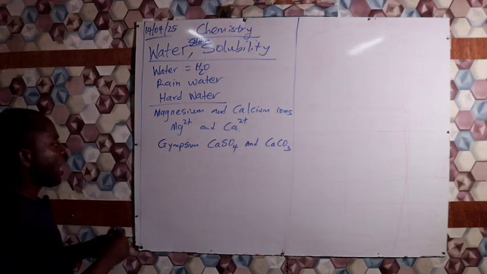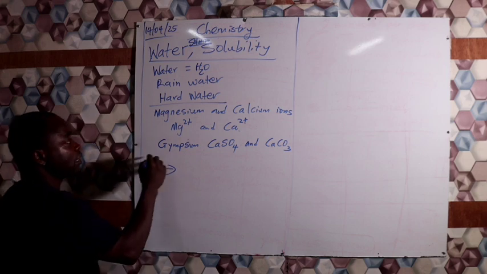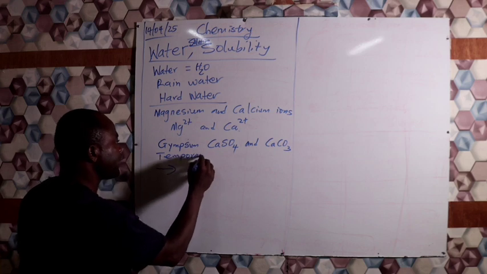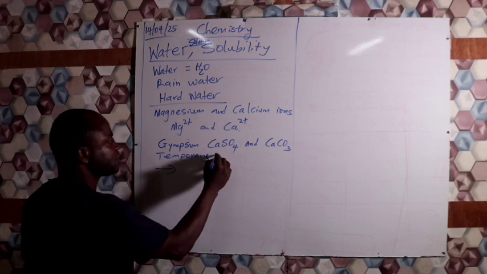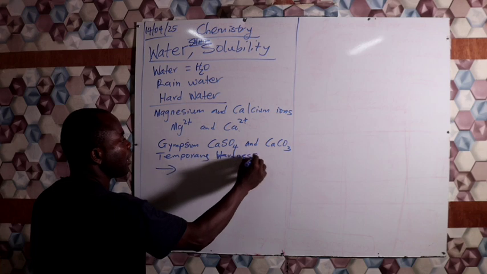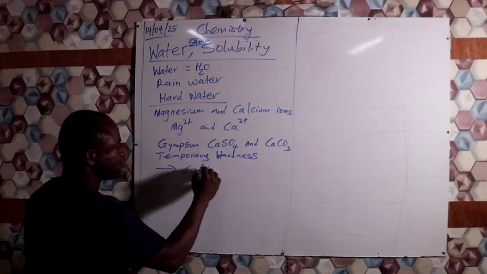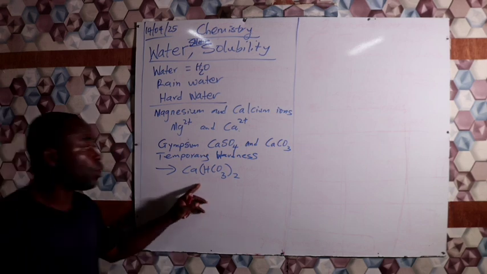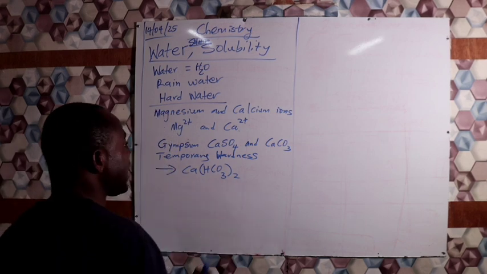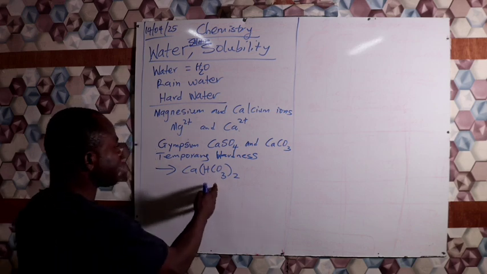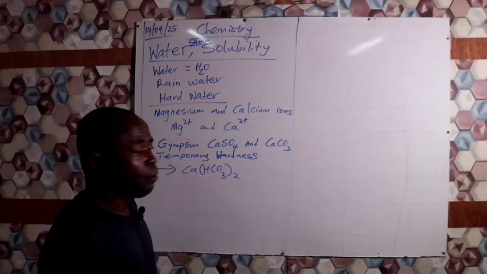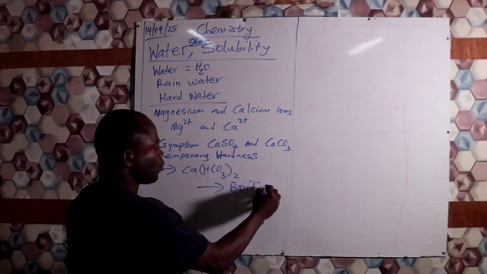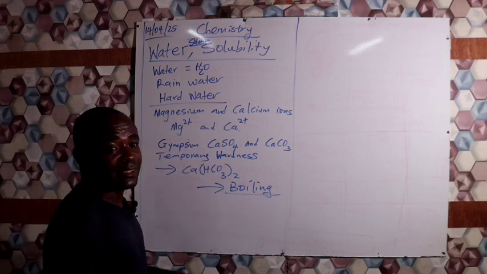So from here you have what really causes the temporary hardness. Temporary hardness is caused by calcium hydrogen trioxocarbonate(IV). Now temporary hardness can be removed simply by boiling. So when you boil your water, temporary hardness is gone.